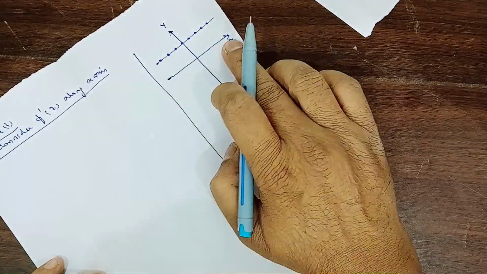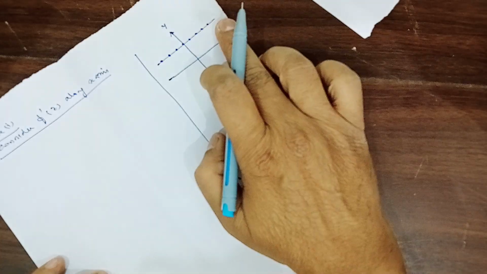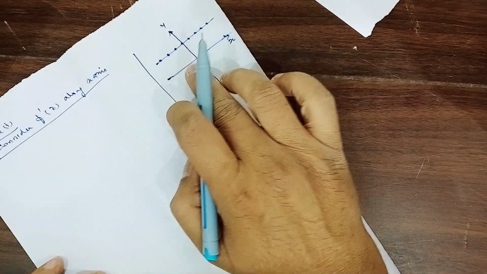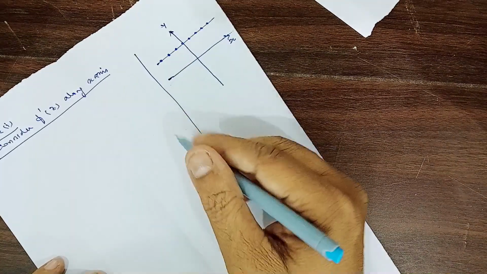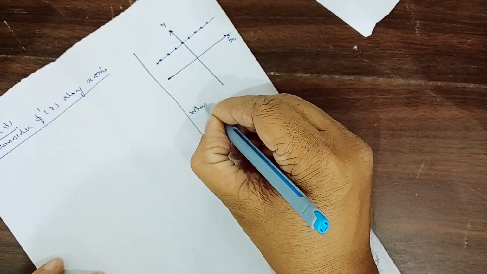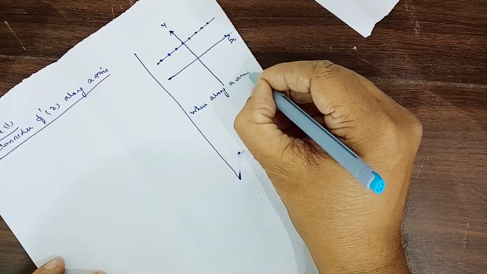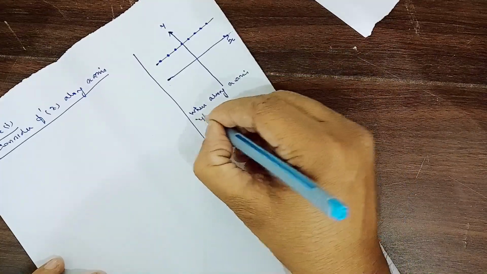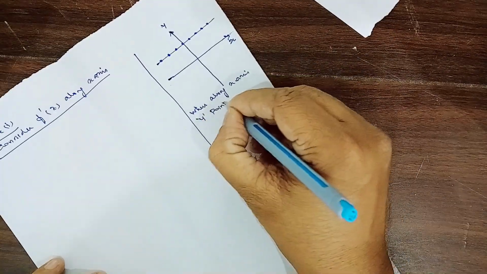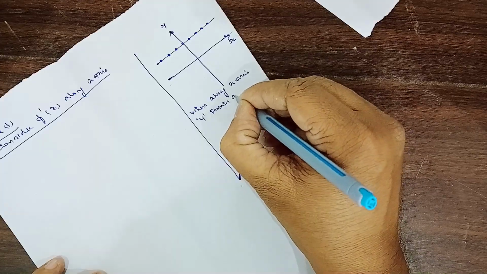So this is the x-axis, and the points are also on the x-axis. So what will be the value? Now when going along the x-axis, y points are fixed, okay?